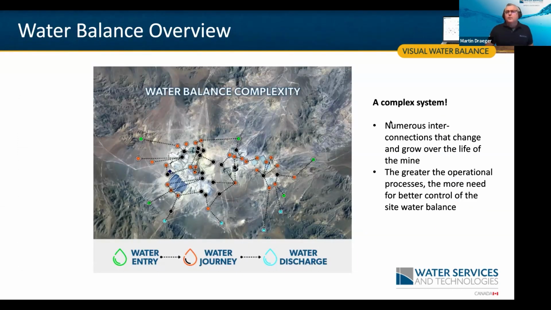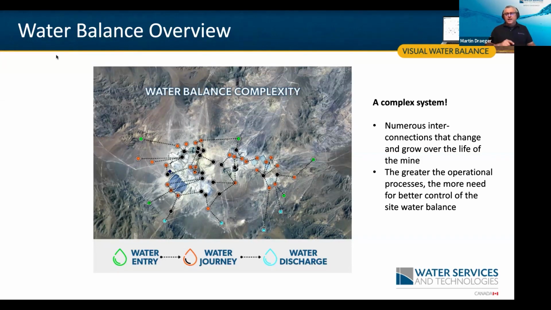So just a quick overview here of the water balance. This picture is a very typical depiction of a mine site. Each one of those dots represents either a water entry point, a journey point between water uses, or a water discharge point offsite, could be even on-site.